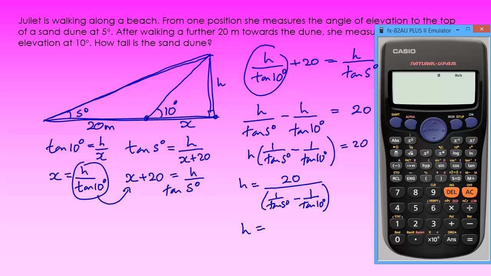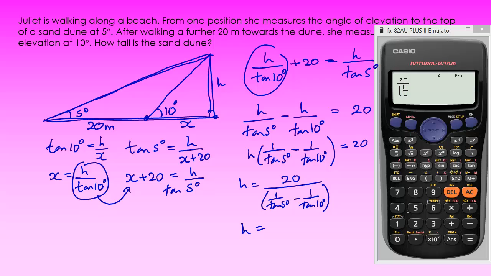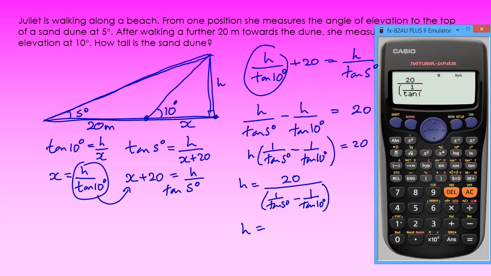So we have 20 over, so 1 over, just make sure we're in degree mode, we are, tan of 5 degrees, and then we have take away 1 over tan of 10 degrees, and that would give me 3.47.